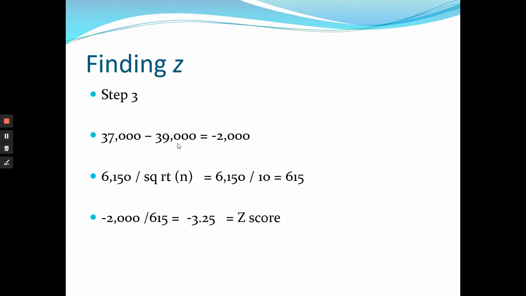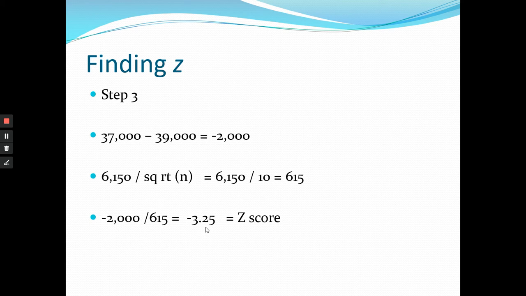And then the denominator, the bottom, is the standard deviation, which was 6,150 divided by the square root of n. So 6,150 divided by the square root of 100, which is 10. So our denominator is 615. So we take our numerator, negative 2,000, divided by our denominator, 615.